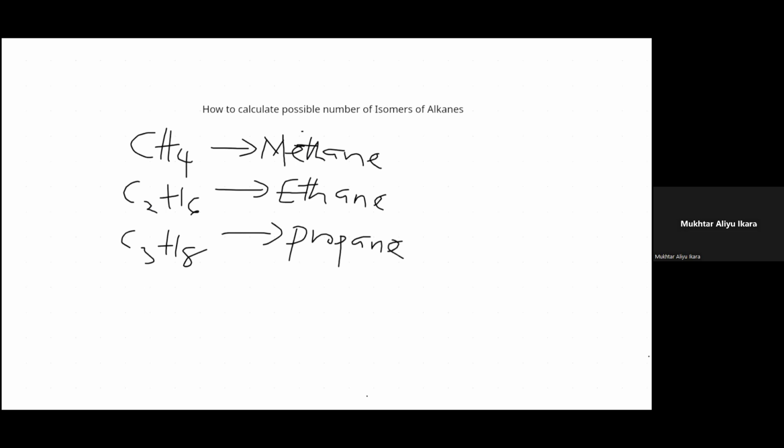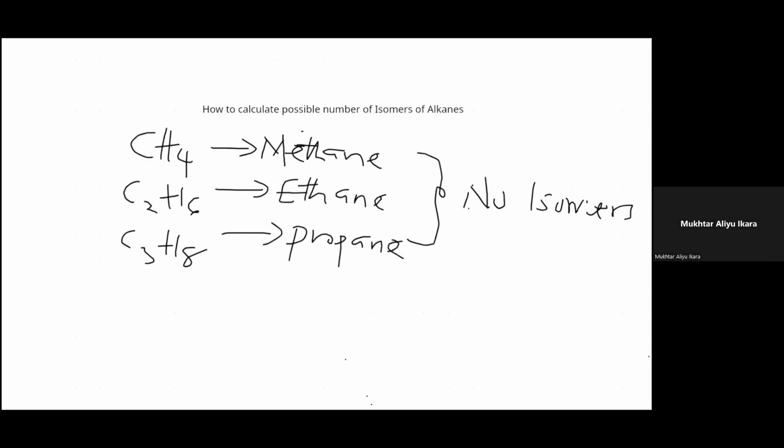Strictly speaking, these three members do not have any isomers.